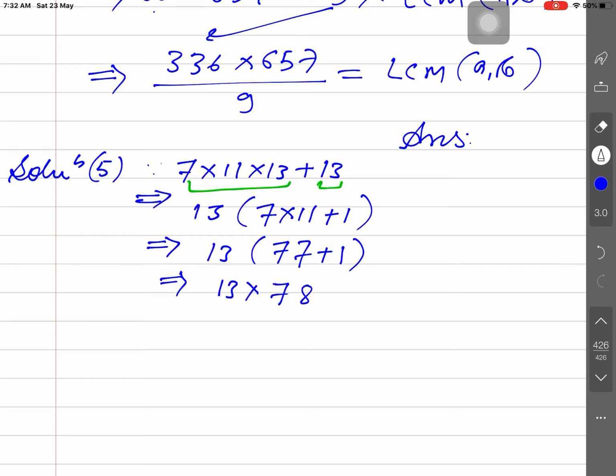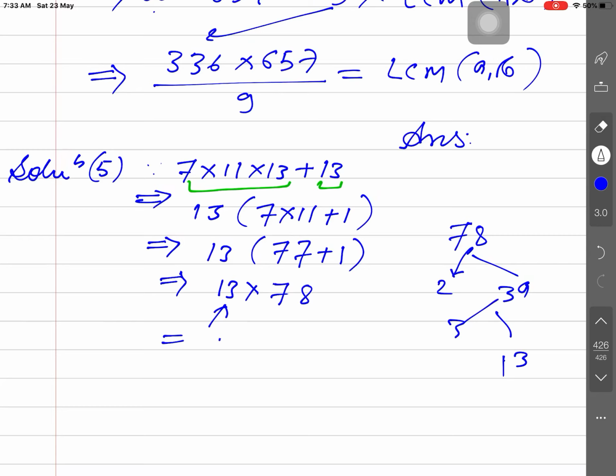Please observe: what is 13? It's a prime number. And what is 78? This is composite, obviously. So 78 is to be written in prime factors: 2, then 3 goes in 39, and 13 is prime. Further it cannot go.